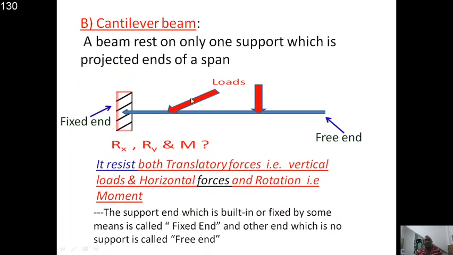This is the cantilever beam. A beam rests on only one support, which is projected at the end of a span. Please understand that it has only one support.